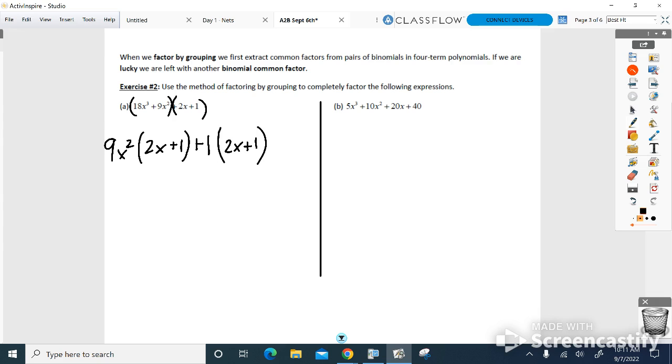A 2x plus 1. And this is how you know you've done grouping correctly. What's left over inside the parentheses has to match. If it doesn't, you can't group it. What's left over in the parentheses has to be the exact same for you to group. So now we know, yeah, we could have grouped this thing. So let's keep grouping.